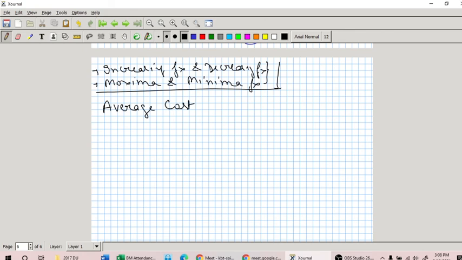So average cost is nothing but per unit cost, total cost divided by number of units. So you call it as AC. AC is your average cost, total cost is TC, and some people write it as C by X. They say total cost or cost you mean the same, so we'll write it as C by X. And when we say marginal cost, that is change in the total cost with respect to x.